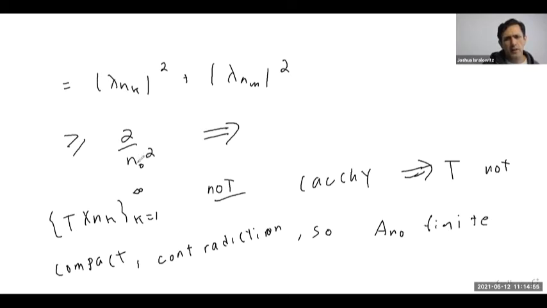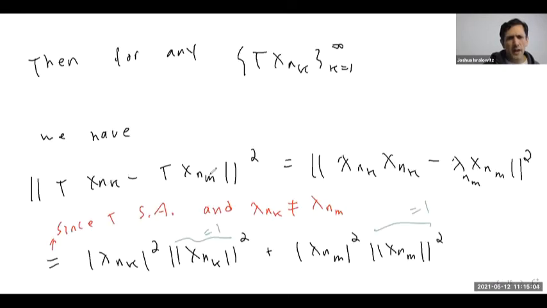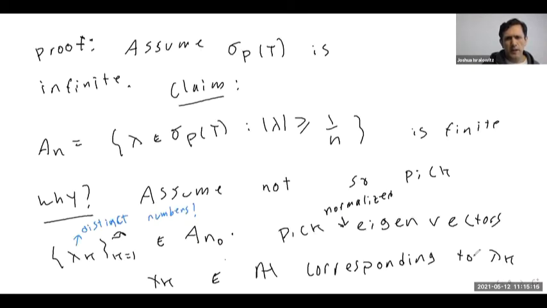Again, this n_0 is fixed, so we can even just say this is delta positive. So no matter what k and m are, as long as they're different, this is always going to be bigger or equal to delta. It is not going to be Cauchy. And these are normalized, so each one has norm 1, so obviously it's a bounded sequence. So this violates compactness.